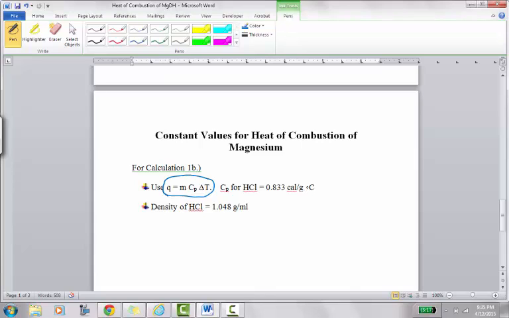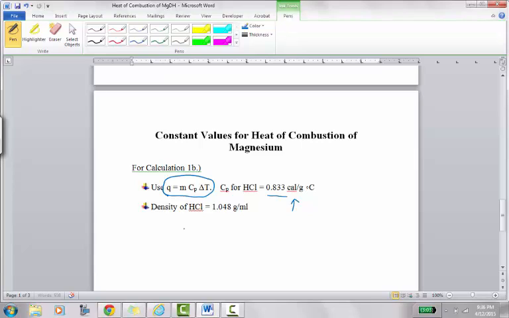For Cp, specific heat, it wasn't just water we used in this reaction, it was hydrochloric acid, so please use this value. Yes, it's in calories per gram degree Celsius. The mass of the solution refers to the amount of hydrochloric acid you had.